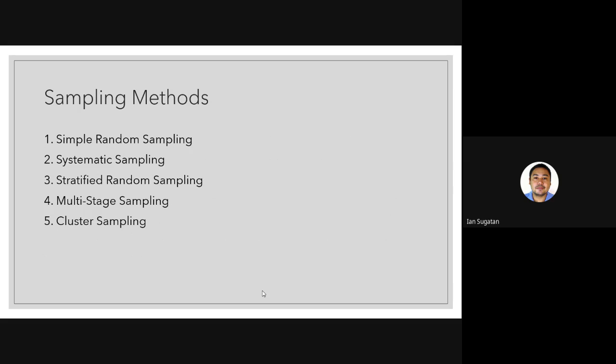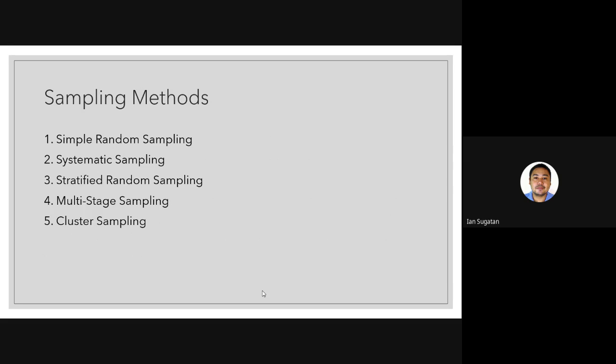Number one, simple random sampling, in which you are going to get a simple random type. Most of the time, guys, if we are on a capstone study for IT students, I think simple random sampling is widely used, especially for databases. For number two, systematic sampling, in which you are going to make a systematic selection for sampling.